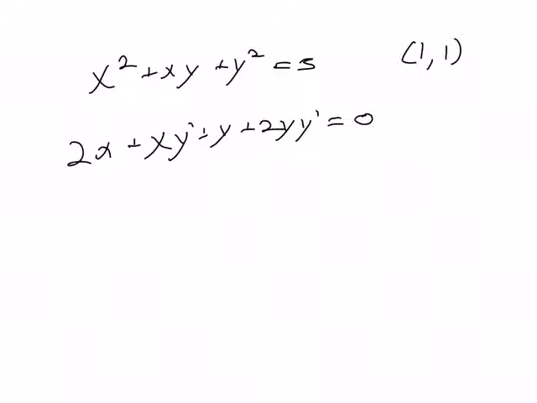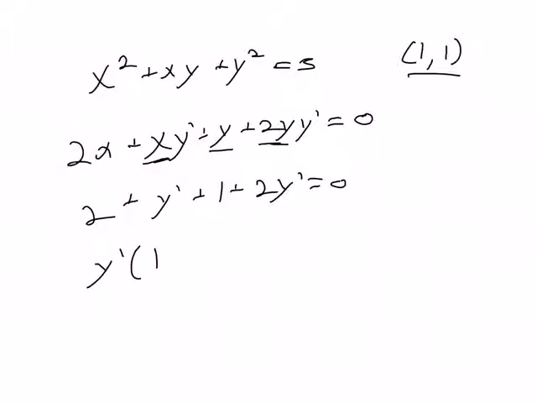So now we're going to plug this in, so we're going to have 2 plus, and here is going to be 1, so y prime, plus, and this is 1, plus 2 times, so this is going to be 2y prime is equal to 0, or in other words, we're going to have y prime times 1 plus 2, which is this, it's equal to negative 3, which is that.